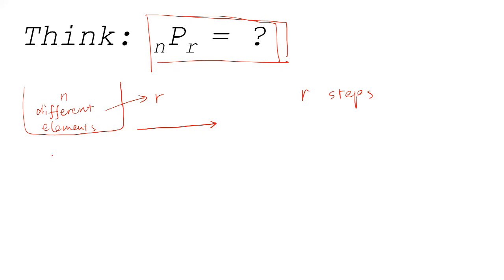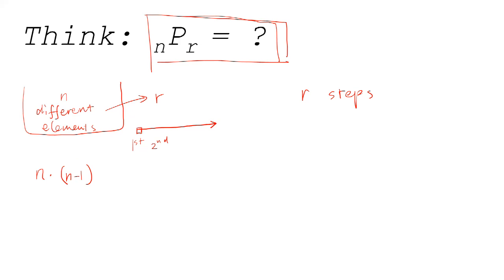So how many ways can you finish the first step? The first step is to choose one element out of the n, right? So for the first step, you have n different ways to complete. How about the second step? The second step is to choose one element from the remaining n minus 1 elements, right?